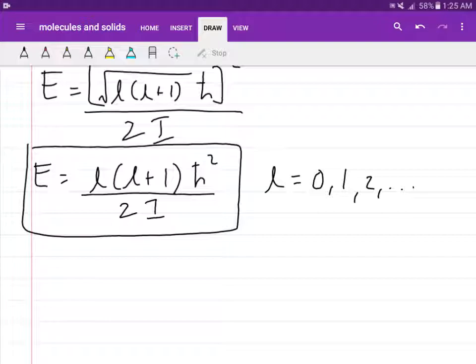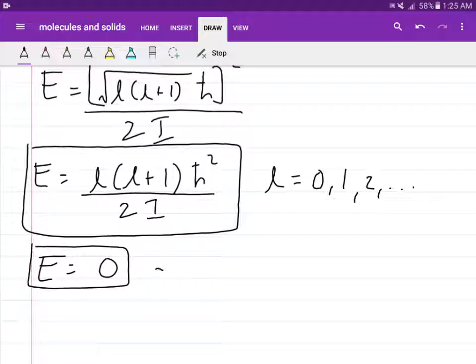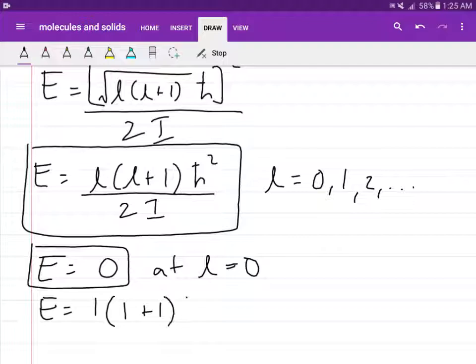At L equals 0, let's see what happens. At L equals 0, E is 0. At L equals 1, we have 1 plus 1 times h bar squared over 2I.